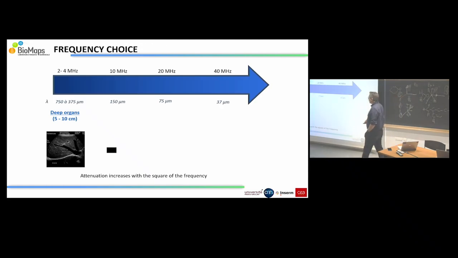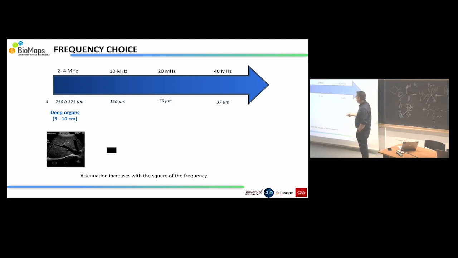Now I know how to build an image, but I will use different ultrasound depending on the organs I want to investigate. If I want to look at deep organs, I will use a low frequency, because at low frequency I have a lot of energy, and the ultrasound can go through the whole organ.